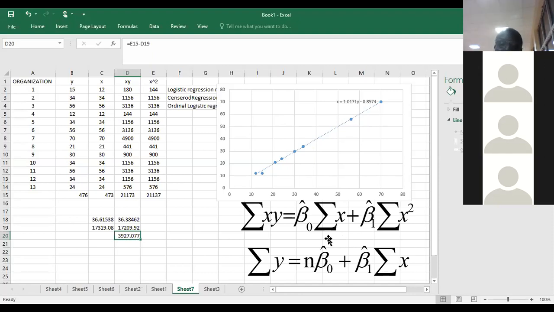That's the final result. It is this one plus 3927 beta 1. Now solve for beta 1.